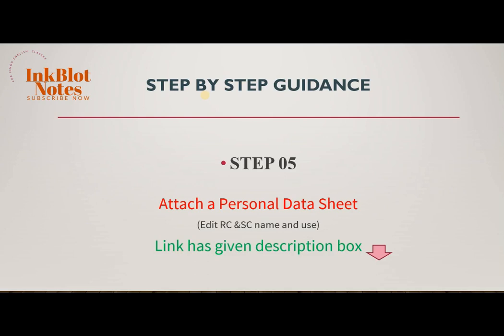Like the evaluation sheet, the personal data sheet is also an important one, because if there is any mistake in your assignment, the study center can contact you using the data you have given in the data sheet. So give accurate information like your name, email ID, and mobile number.